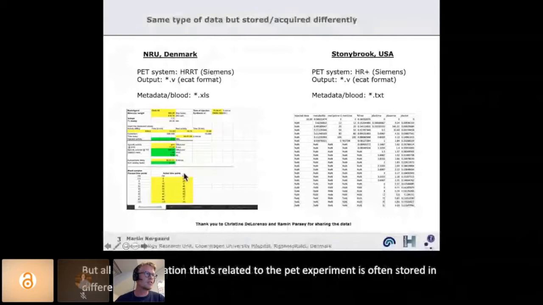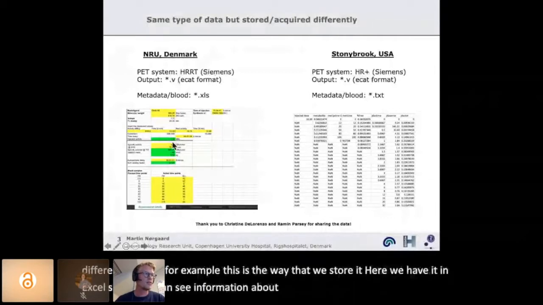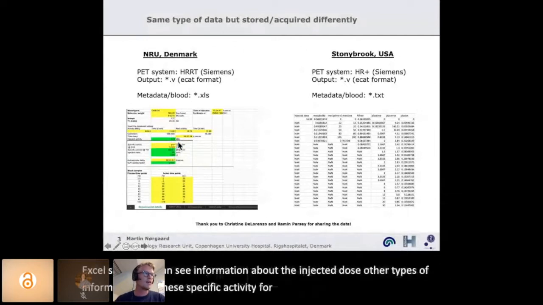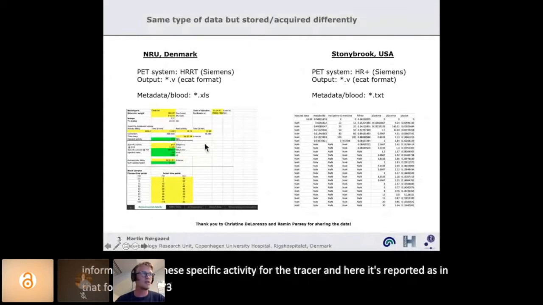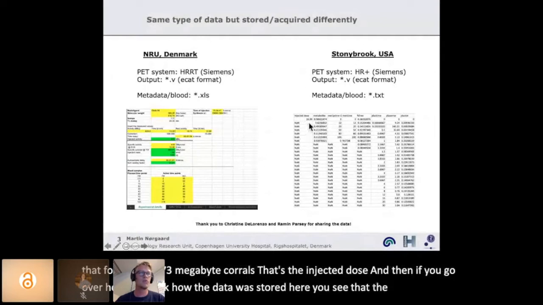We have it in an Excel sheet. You can see information about the injected dose, and other information like the specific activity for the tracer. Here it's reported as 573 megabecquerels. That's the injected dose. Then if you look at how the data was stored here, you see that the injected dose is 16.39.